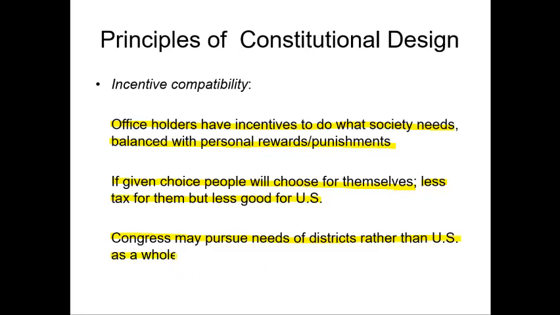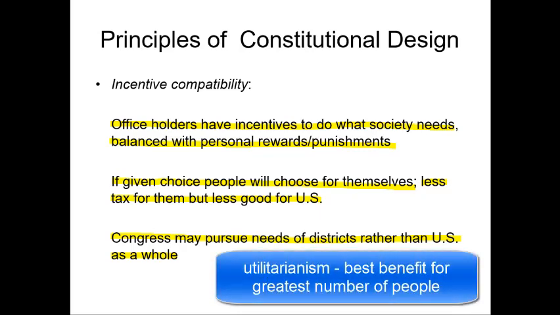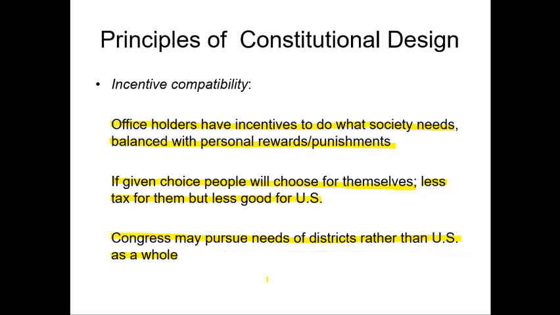Back to that concept of utilitarianism that we talked about, where you're trying to pursue the best or greatest benefit for the greatest number of people. So even though congressmen are elected by districts in their state, which have an average of about 710,000 people per district, they represent them and they are elected by them.